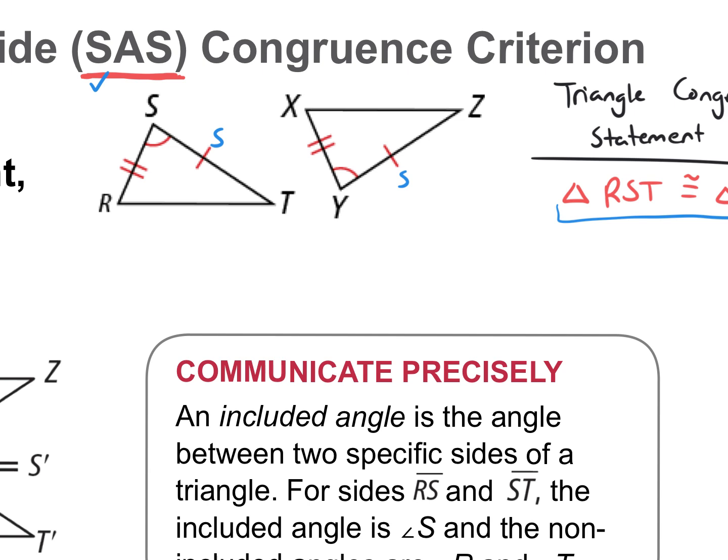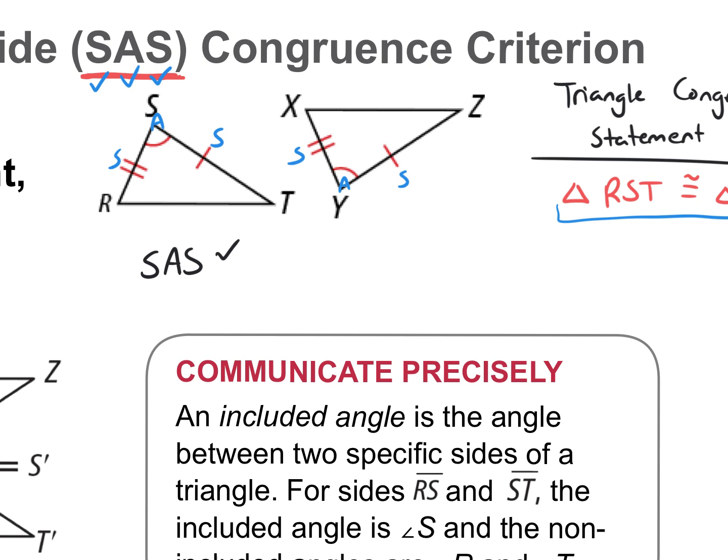Yes. Okay, so I can label that as my angle. That is still satisfied. Do I have another side on the other side of that angle that is congruent? Do you agree I have these two? Okay, so that side is also satisfied. So we just showed that these two triangles are congruent by side angle side.